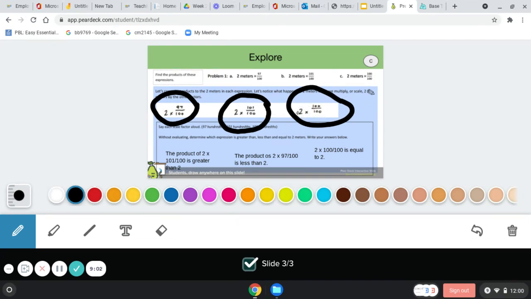In this case, it's a 2. This is the whole number that this is being multiplied by. So we were able to see, we didn't even have to solve these problems. We were able to already determine, based off of what we know about scaling, how our products will come out.